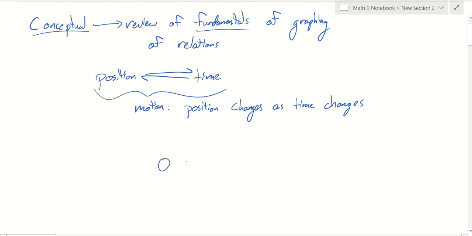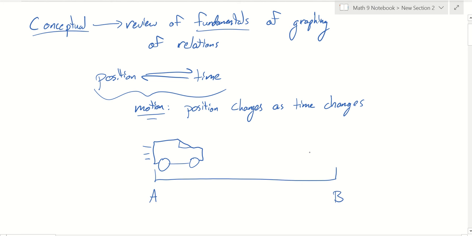If you are in a car, that's my wonderful car, and if the car is in motion, then over some set period of time, if you are initially at position A, eventually you will maybe be at position B. You will move. That's essentially what motion is: position changing with time.